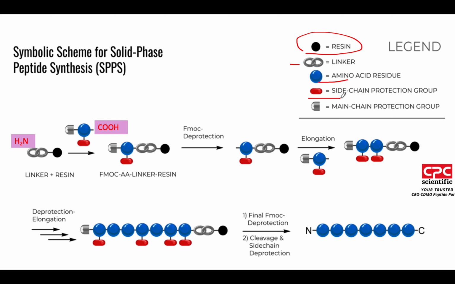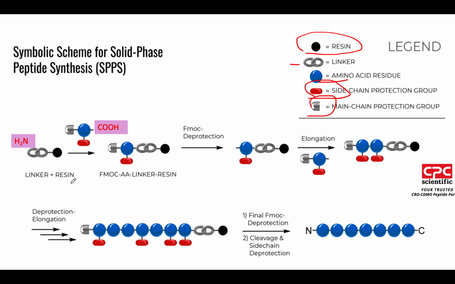As you know from basic knowledge, an amino acid contains a side chain, and in order to avoid unwanted reactions, there's usually a side chain protection group added to the amino acid, and the main chain protection group, which is usually an Fmoc, allows the subsequent addition of amino acids one by one. So let's explain further.